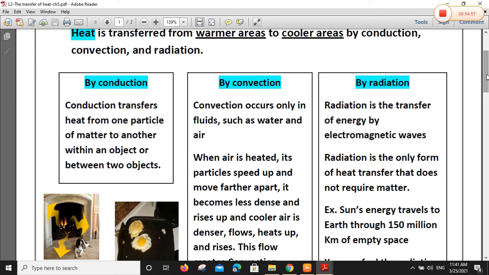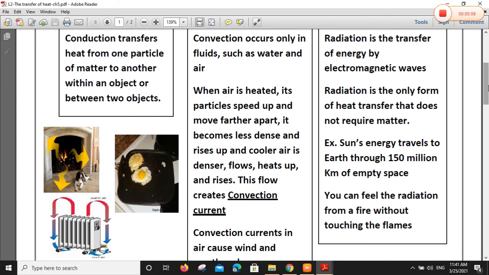Radiation is the only form of heat transfer that does not require a medium or matter. The Sun's energy travels to Earth through 150 million kilometers of empty space. So the energy of the sun reaches us by radiation.